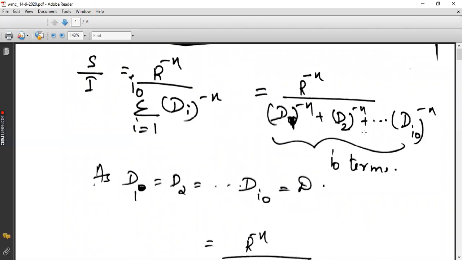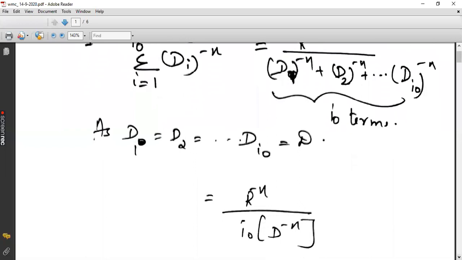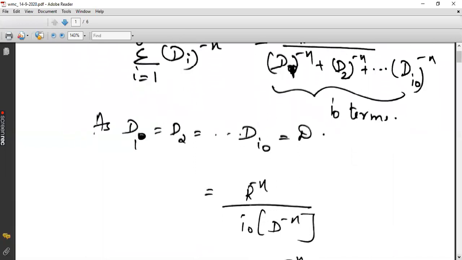So D plus D plus D, how many Ds are there? There are I0 Ds. So if you add all these Ds, I0 times, the summation can be rewritten as I0 times D to the power minus n. Isn't it? If you are adding the same factor again and again n times, the summation will be n times of Di. Similarly, here you have I0 times D to the power minus n.